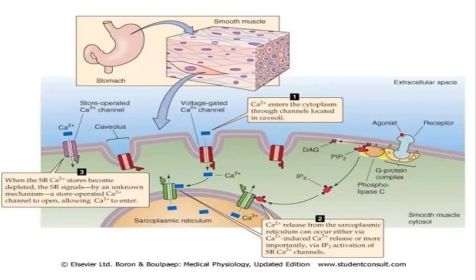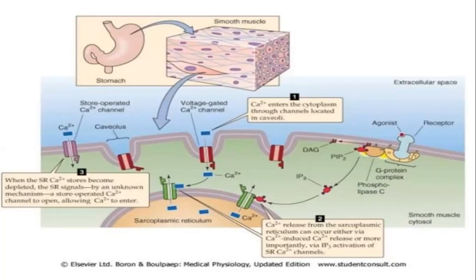Depending on the activating stimulus, calcium increase can be due to influx through voltage or ligand-gated plasma membrane channels, efflux from intracellular stores through RYR, and efflux from intracellular stores through inositol triphosphate receptor, IP3R calcium channels, or a combination of these. So the sources of calcium can be from different places.